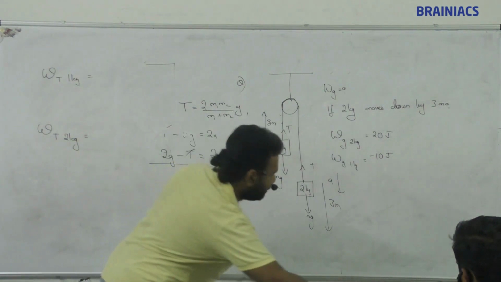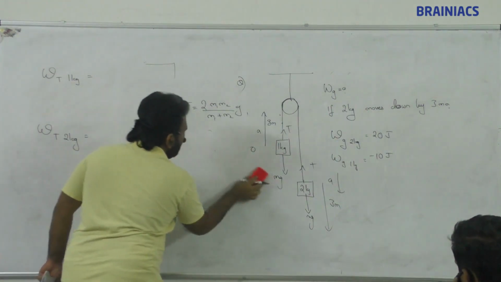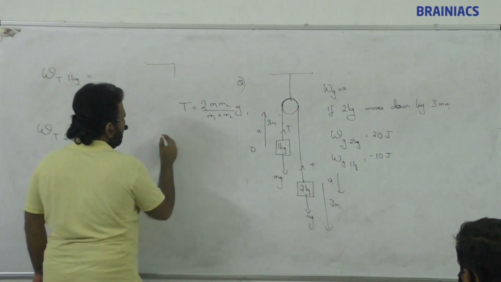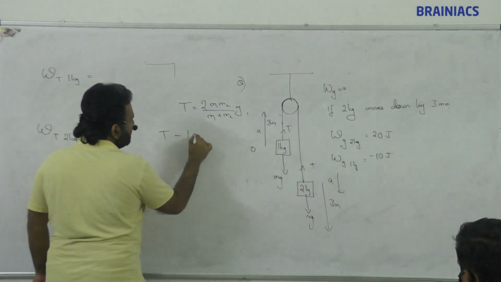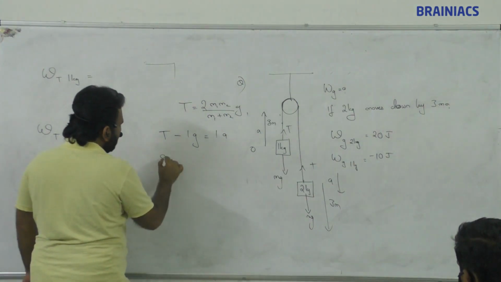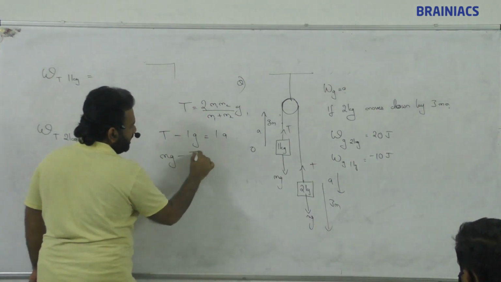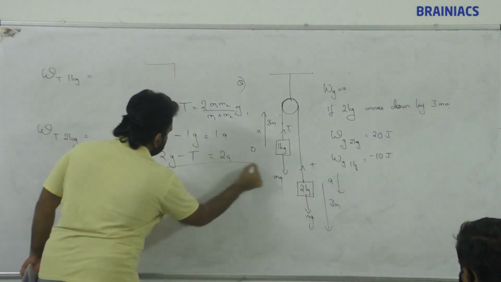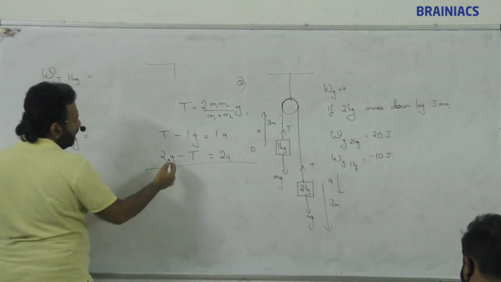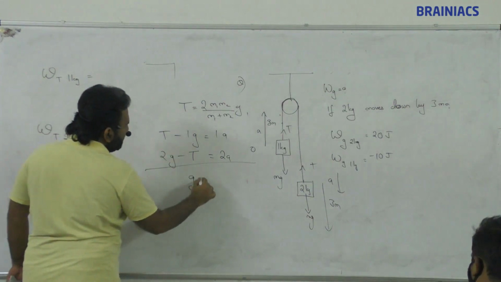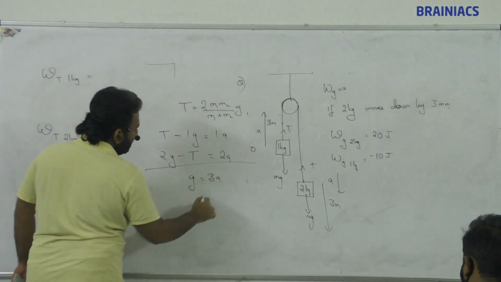Wrong, completely wrong. Okay, so this is going to be T minus 1g is equal to 1a, and the other one is mg minus T, 2g minus T is equal to 2a. So when you add them, this is going to be g is equal to 3a.